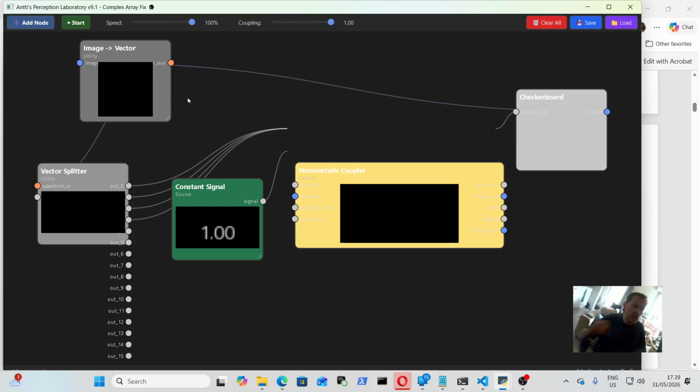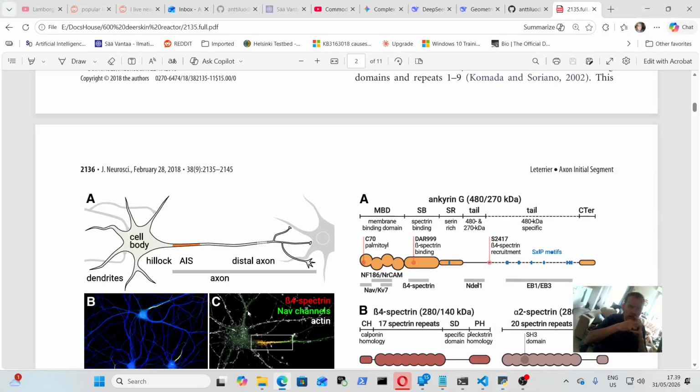And so we had the homeostatic coupler. Long story short, the neuron tries to be in homeostasis with its environment, electrically keeping a certain threshold, and it has the ion channels that are trying to keep it at a certain electric membrane potential. I learned this yesterday, it's called Johnson-Nyquist something.